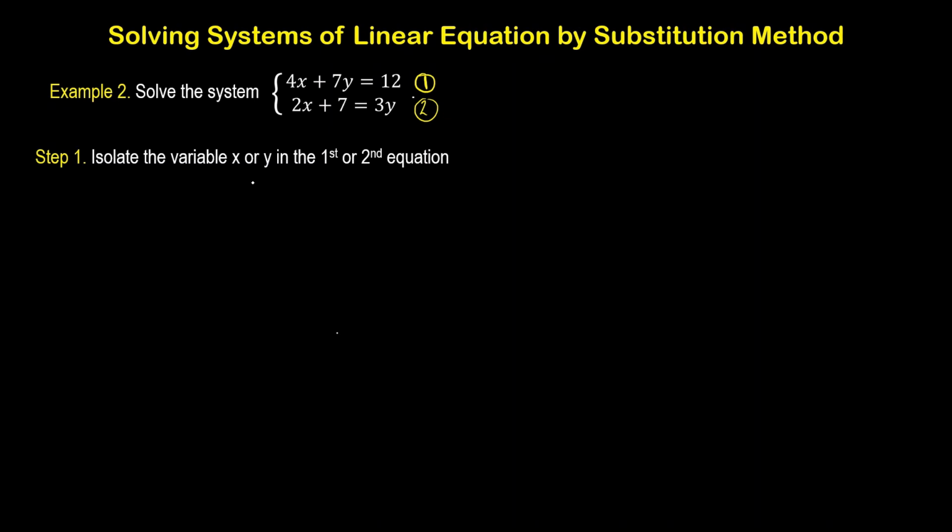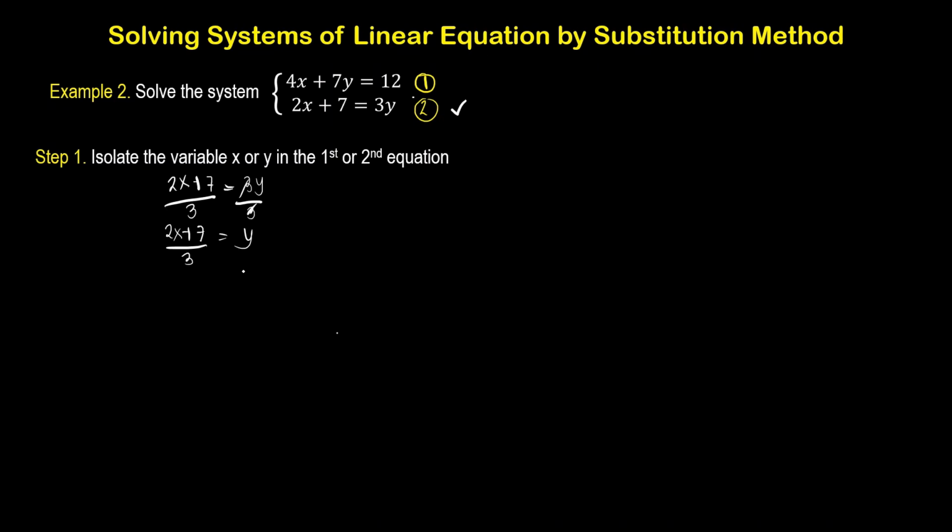So in this case, ang pipiliin natin is yung second equation. Okay, so that means we have 2x plus 7 is equal to 3y. Now, itong pinili natin kasi mas madali na lang i-isolate si y. Now, para ma-isolate natin si y, ang gagawin lang natin is to divide both sides by 3. So that means ang value ng y natin is equal to 2x plus 7 all over 3.